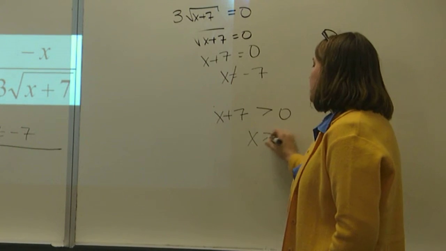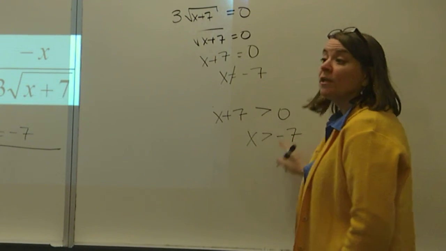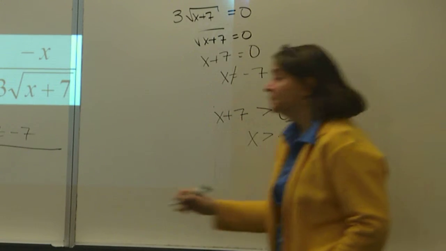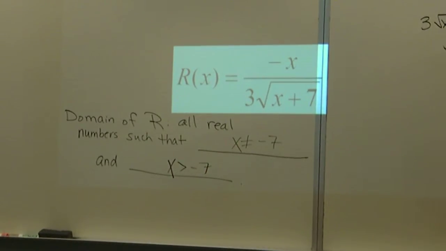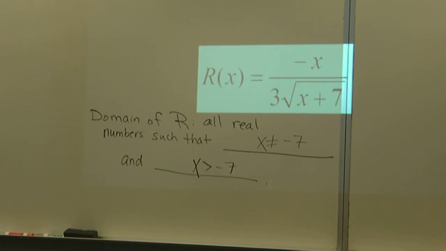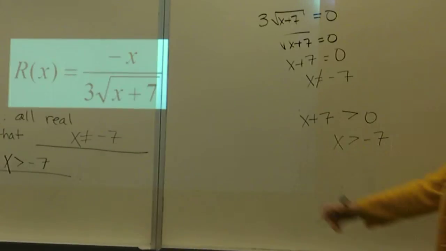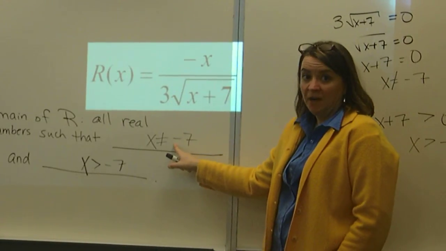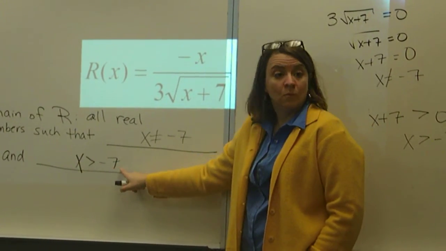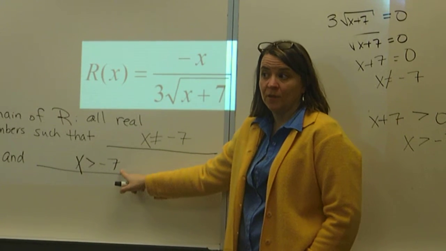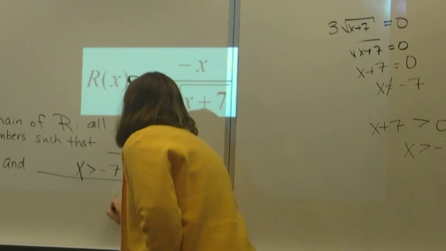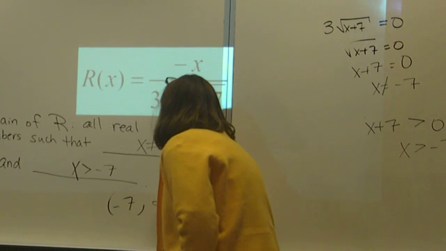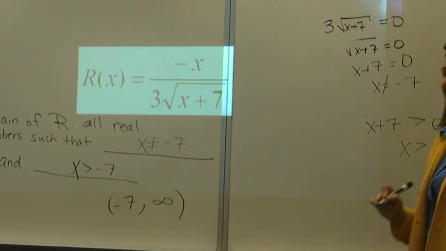We just need to make sure x is strictly greater than negative 7. So we don't want x to be negative 7 at all. In fact, we want x to be strictly greater than negative 7. So open interval negative 7 to infinity. That ended up being easier.